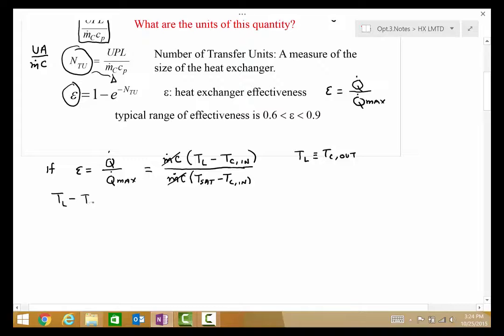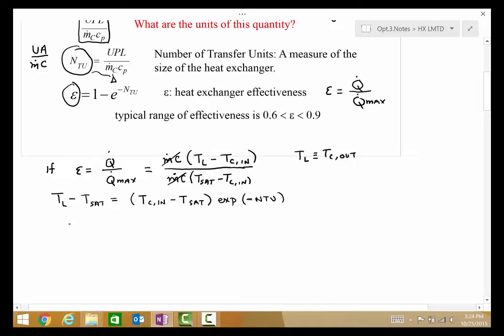minus Tsat is equal to Tc in minus Tsat times the exponential of minus NTU, and that's the UPL over m dot c.